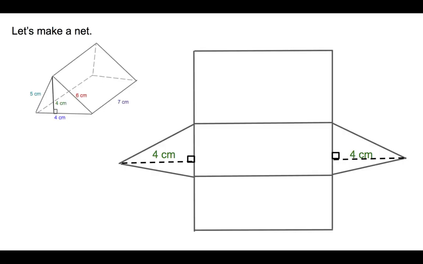And I put in the height of my triangle at 4 centimeters. And I notice that the base of my triangles are also 4 centimeters, which is also the height of the bottom of my triangular prism. Then I notice that the side here is 7, which means this is 7 and 7. So all of these are 7 centimeters.